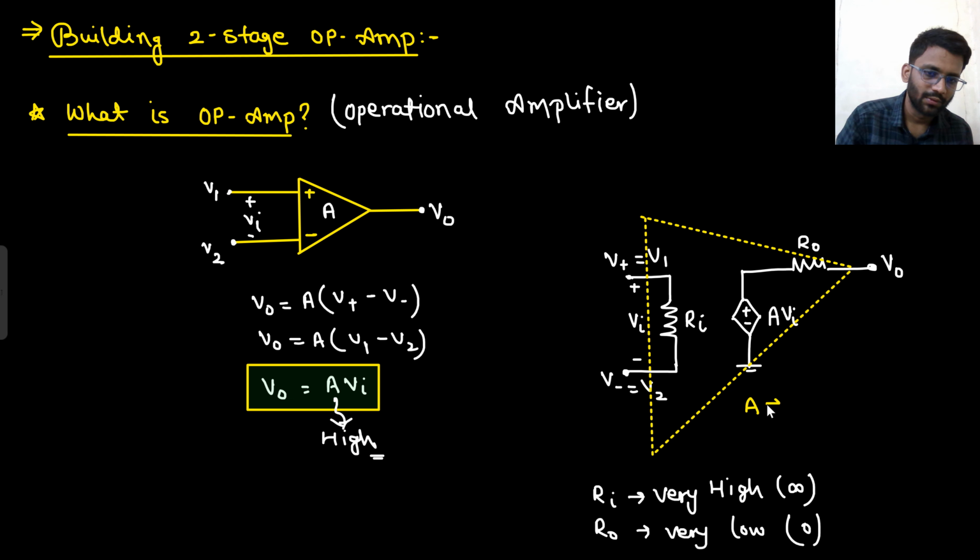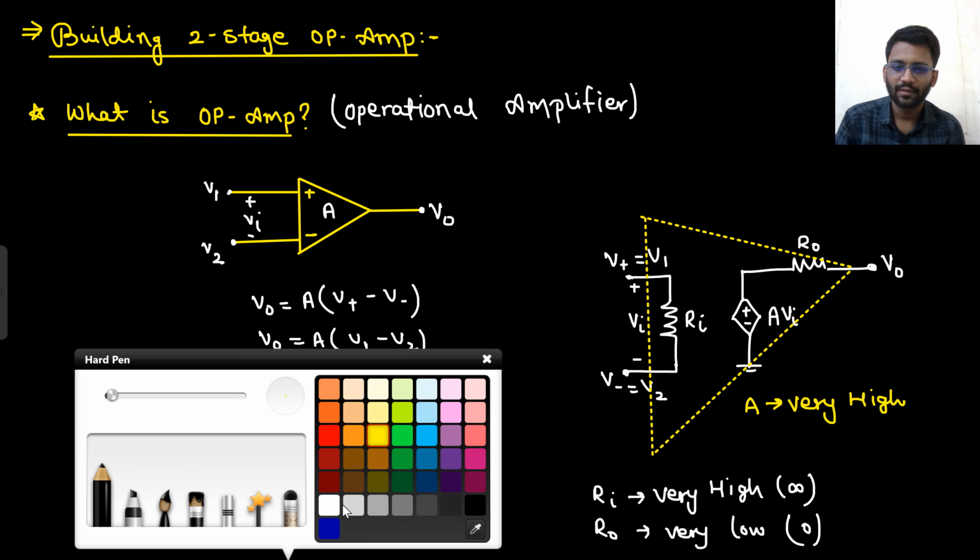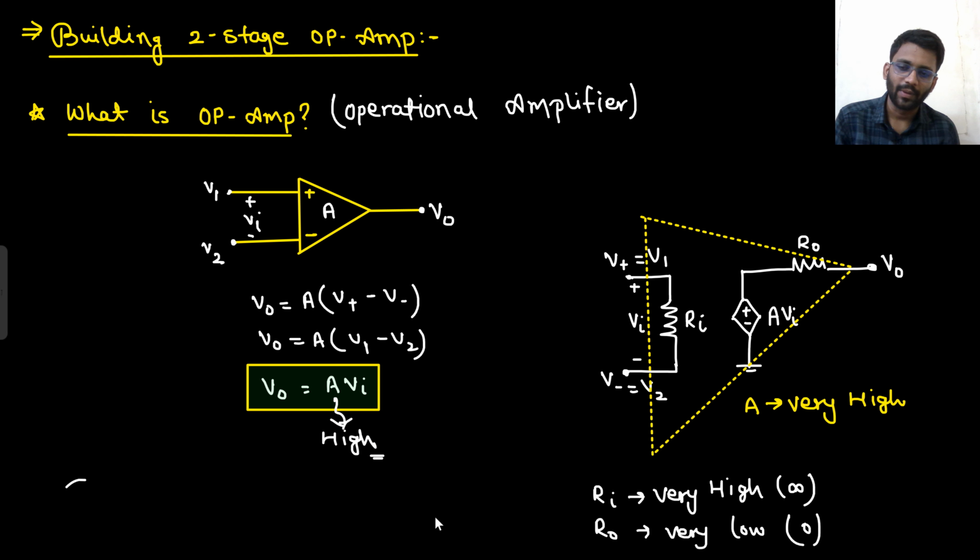Right? So what is an op-amp? An op-amp is simply a voltage controlled voltage source.